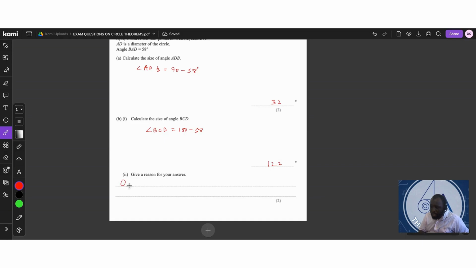We say opposite angles in a cyclic quadrilateral add up to 180 degrees, and that is our rule for that particular question. So the second one wants a reason, so we give a reason.